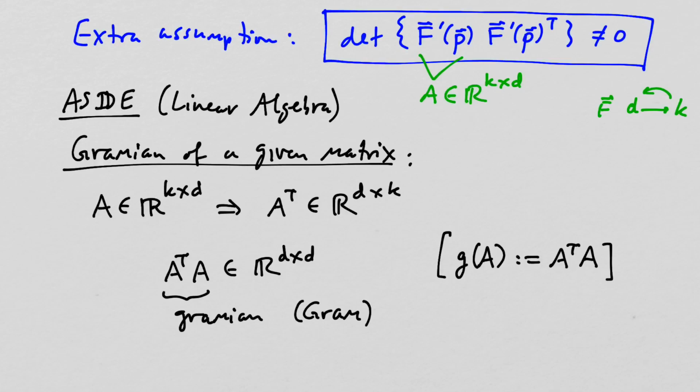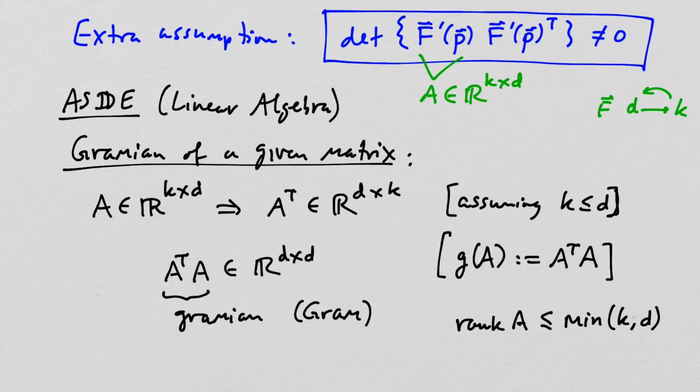Sorry, before I state this, let's remind ourselves that we're assuming K is less than or equal to D. The reason that's relevant is because I'm going to talk about the rank of A. We remember that an upper bound for that is the smaller of the two dimensions, which is just K, since K is the smaller of the two.